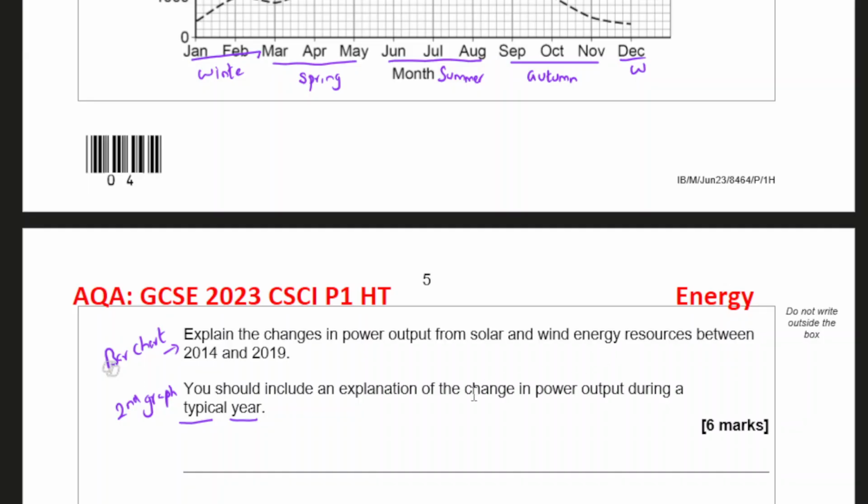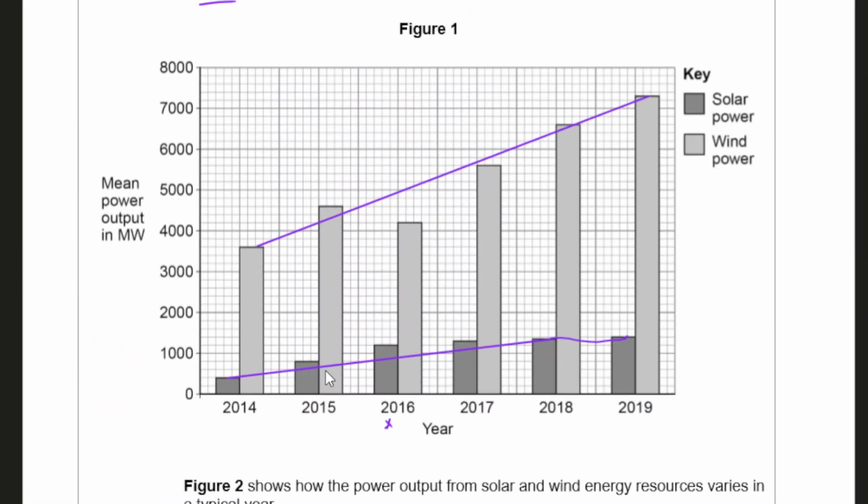Explain the changes in output from solar and wind energy resources between 2014 and 2019. So between those two years, both have actually increased. You could give quote values. So this is 3,600 megawatts in 2014, and it went up to 7,300 megawatts for the wind power.